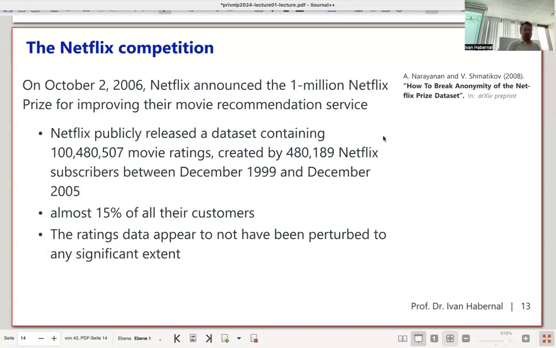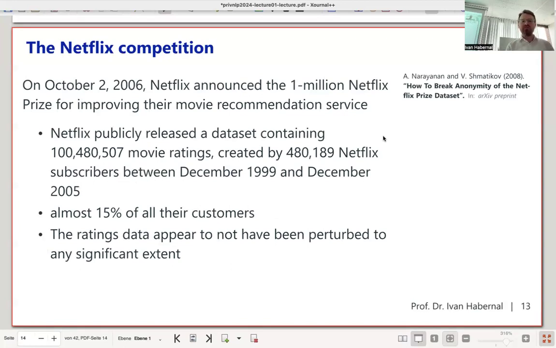So the Netflix competition. Anybody heard of this Netflix competition, the $1 million prize from Netflix? Everybody knows Netflix, right? A streaming platform. Some 18 years back, they announced a $1 million competition for improving the movie recommendation service.